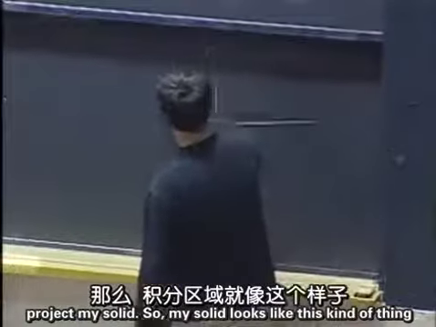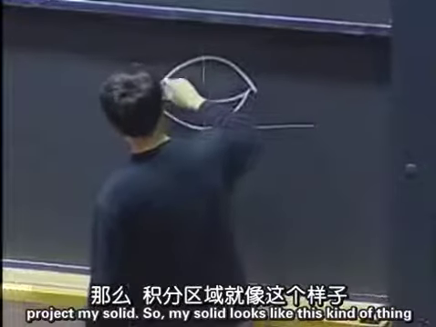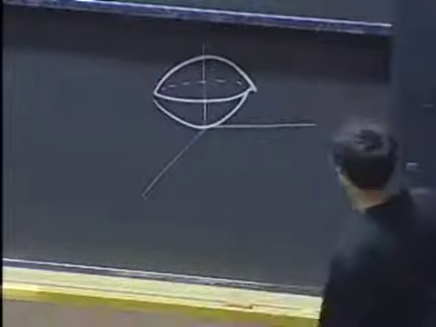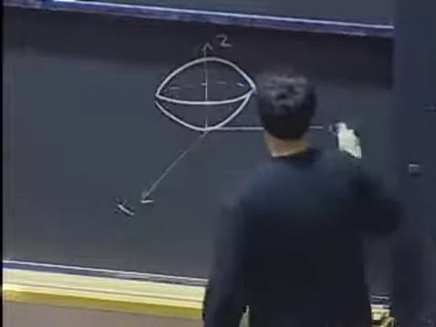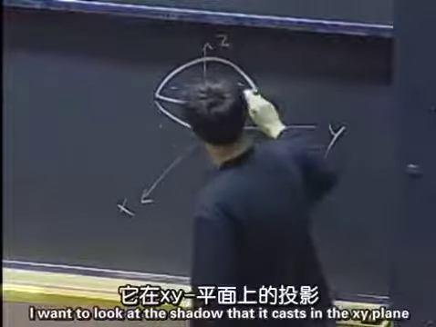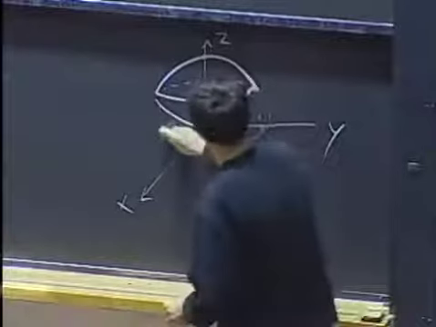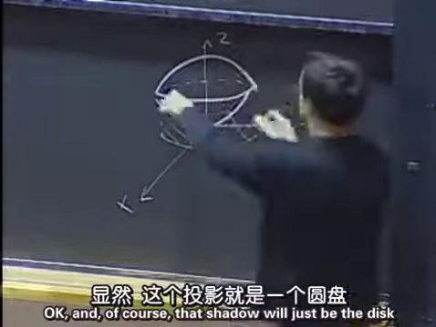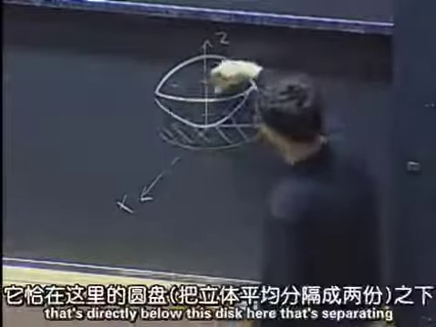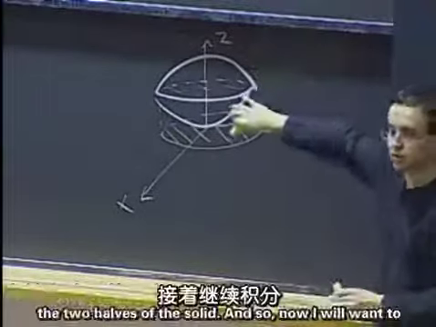My solid looks like this kind of thing, and I don't really know what to call it. But what's interesting now is I want to look at the shadow that it casts in the xy plane. Of course, that shadow will just be the disk that's directly below this disk here that's separating the two halves of the solid.